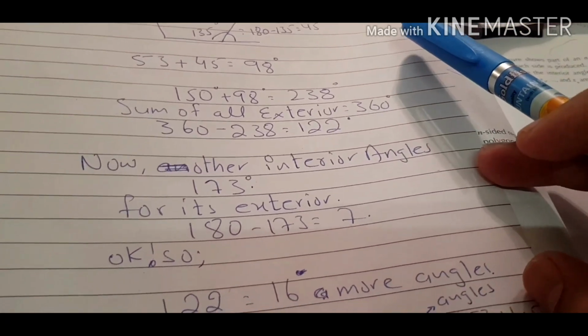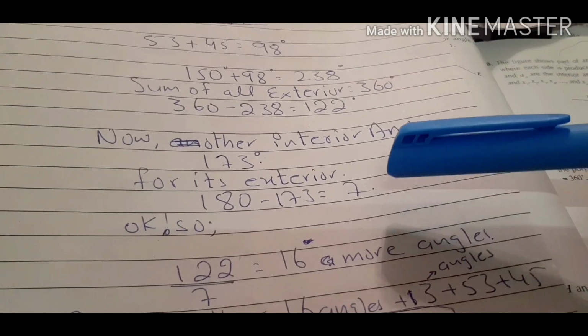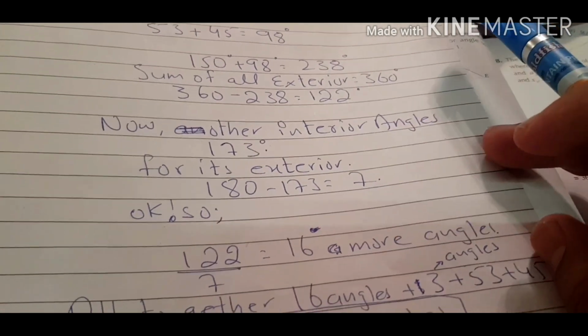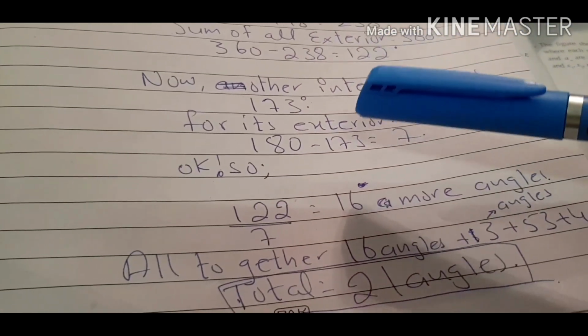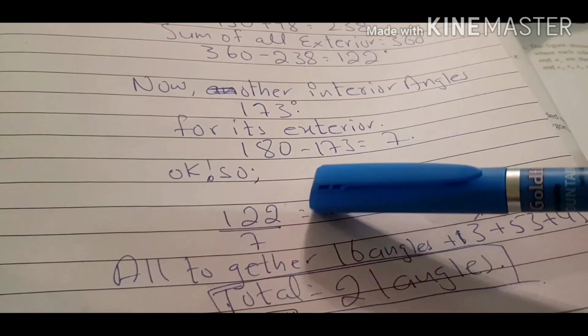How many angles of 7 degrees are there out of 122? To find that, 122 divided by 7 gives 16.